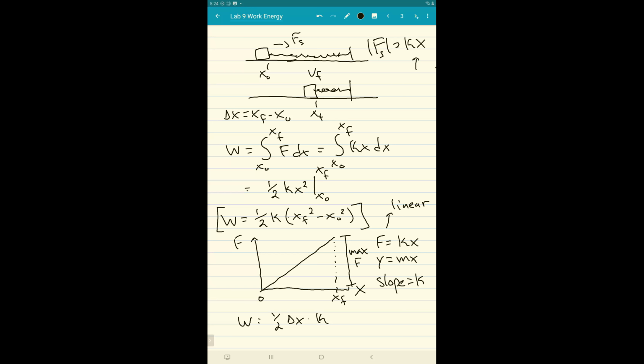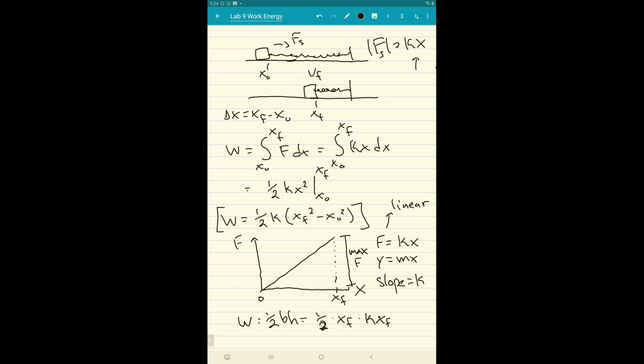And this is my x final. So my work done would be 1/2 base times height, which in this case is 1/2 times x final times that force at x final, which is going to be k times x final.